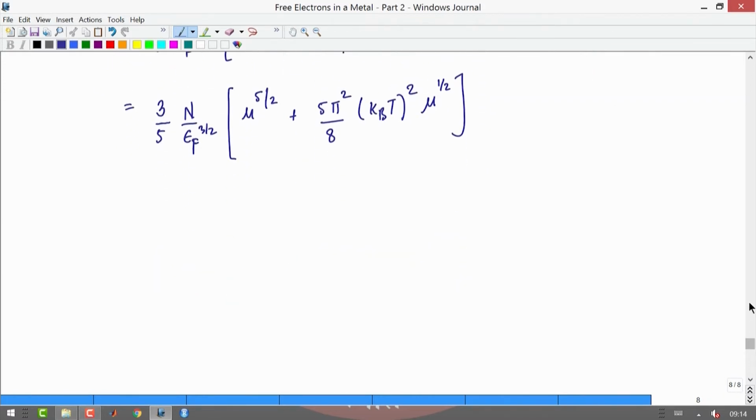Now, what I can do now is just take mu, non dimensionalize this mu by simply saying that I am going to keep a factor of Fermi energy outside, and what I will do is take Fermi energy inside to the power 3 half.